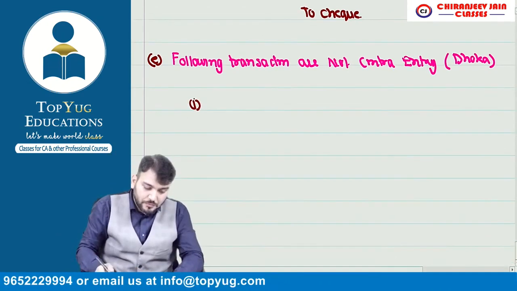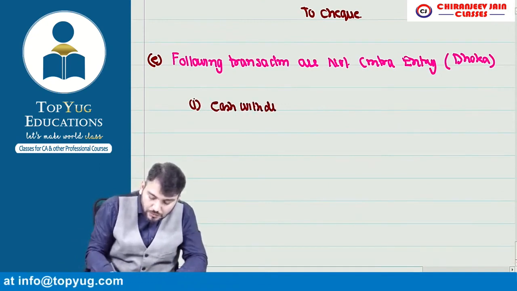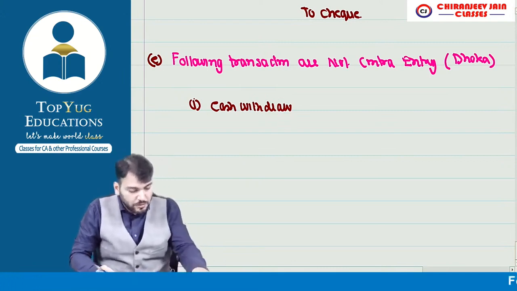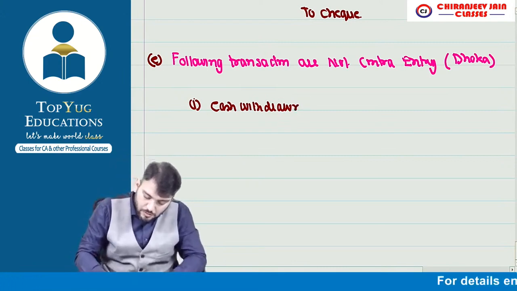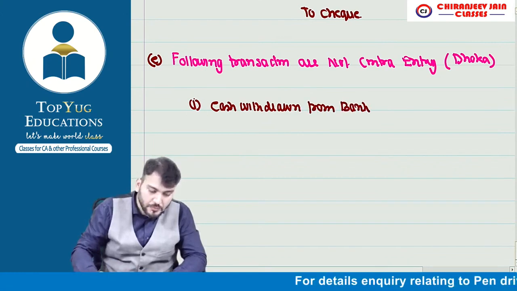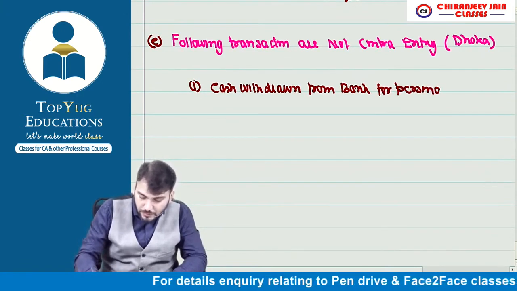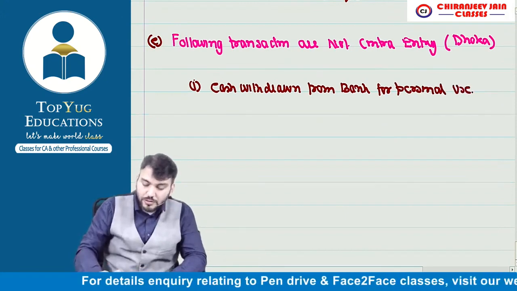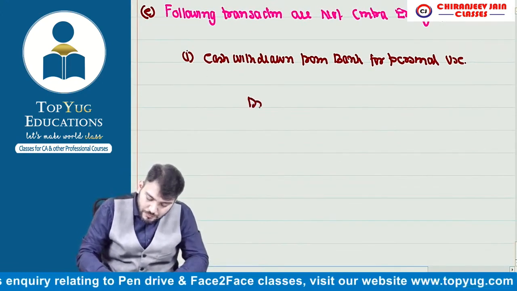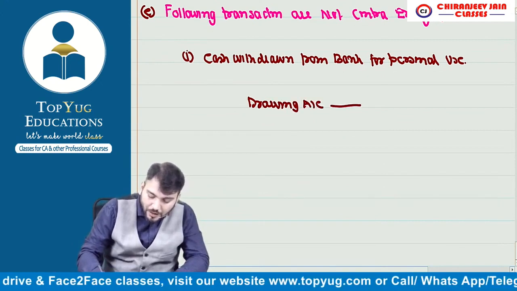Point number one, cash withdrawn from bank for personal use. Very simple. The journal entry is Drawing account debit to Bank.